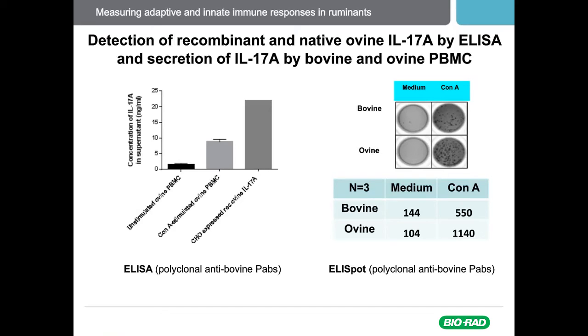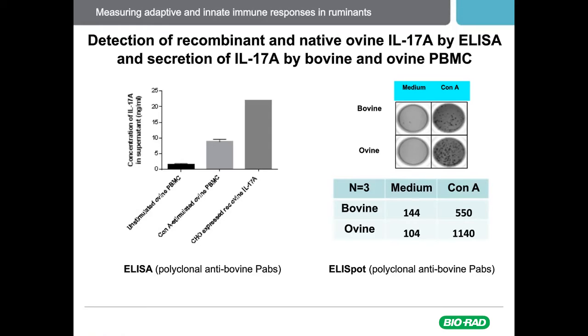We did not know if they worked on sheep, so that was one of the first things that we did. And you can see here that those antibodies will pick up recombinant ovine interleukin 17A by ELISA. Interestingly, they also pick up native interleukin 17A produced by mitogen-activated sheep T cells.